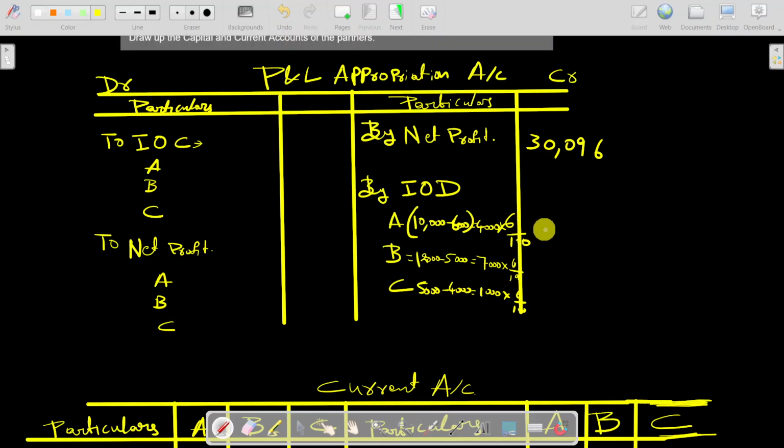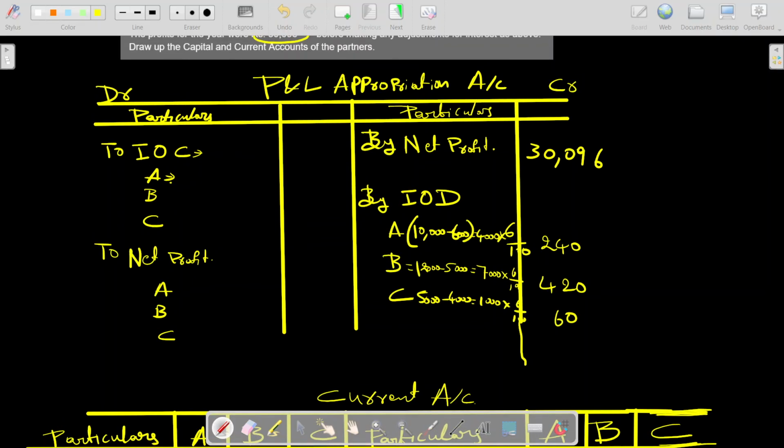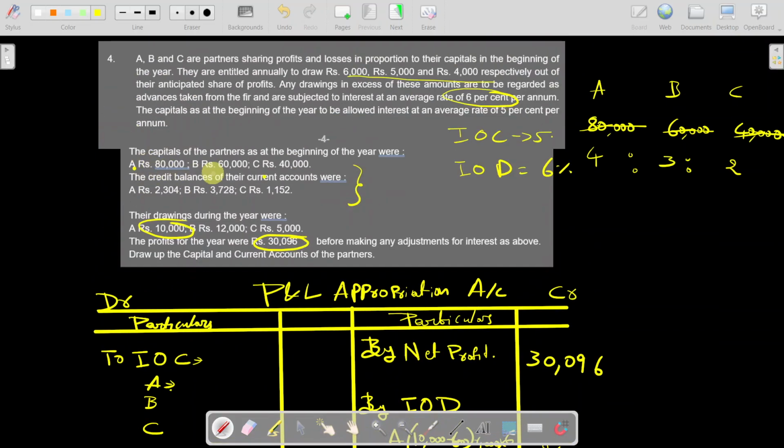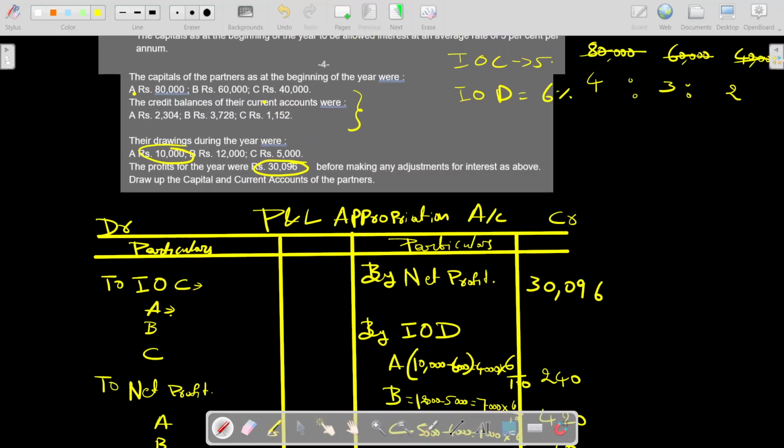So here we will get 240, 420, 60. And interest on capital, here their capitals, how much capitals they have? They have 80,000, 60,000 and 40,000 as their capitals.